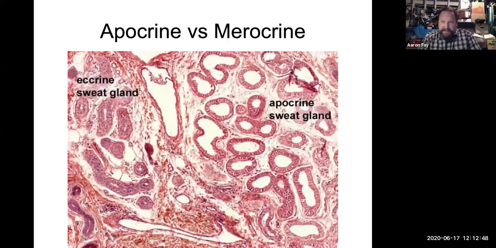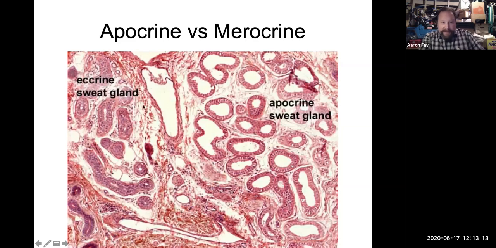Okay, so this is a nice slide showing you some of the differences between the merocrine or eccrine sweat glands and an apocrine sweat gland. Notice that the lumen, or the space of the tube of the apocrine sweat glands, are much, much bigger. Also, if you saw a picture of the entire gland all by itself, you would see that apocrine sweat glands are larger than the eccrine sweat glands.